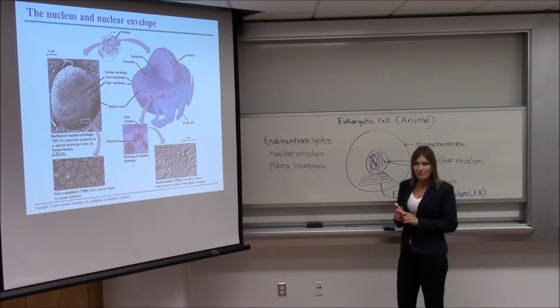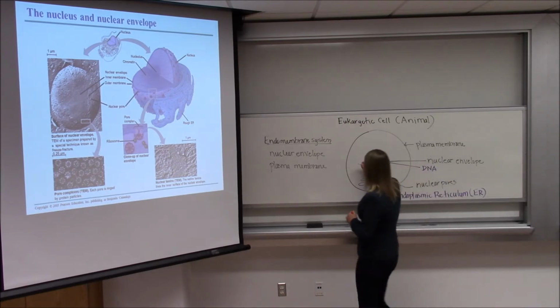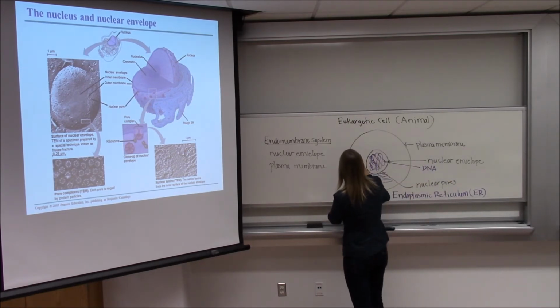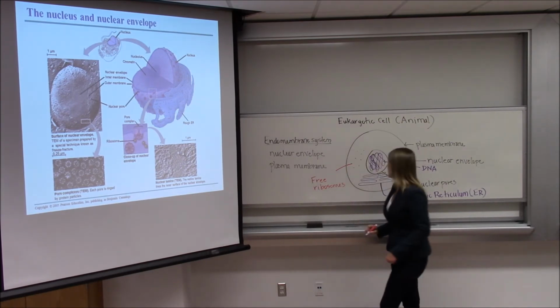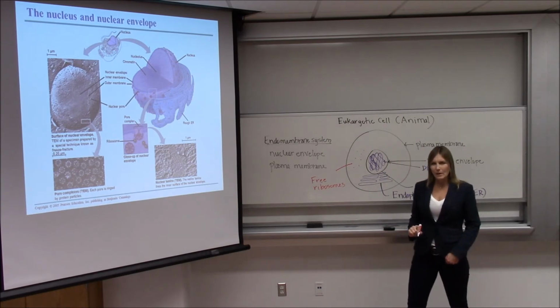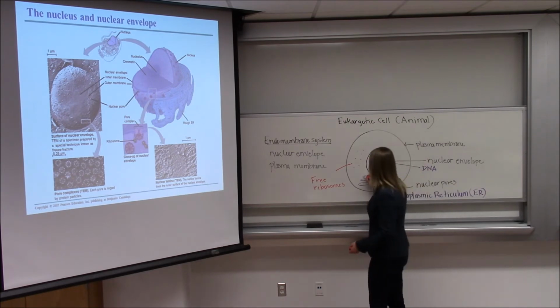Well, that happens on ribosomes, and ribosomes in the cell can either be free out here in the cytoplasm. We'll call those free ribosomes. And we can also have ribosomes that are associated with the rough ER.